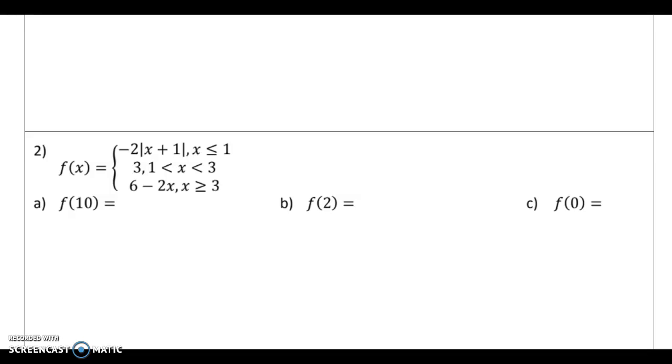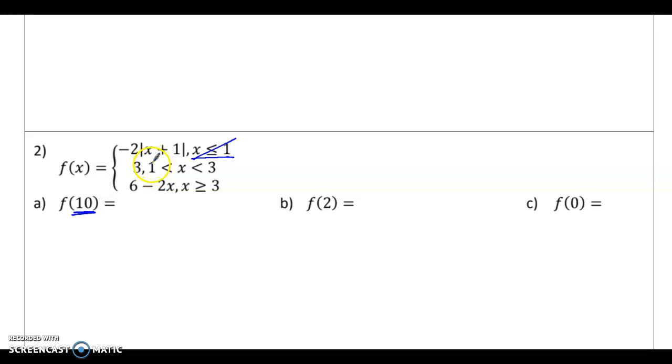Okay? So now let's go ahead and first look at f of 10. I have to figure out which one of these pieces I am going to use. So all I really need to do is look at the domain restriction. So this says x is less than or equal to 1. Well, 10 is not less than or equal to 1, so I would not use that function.